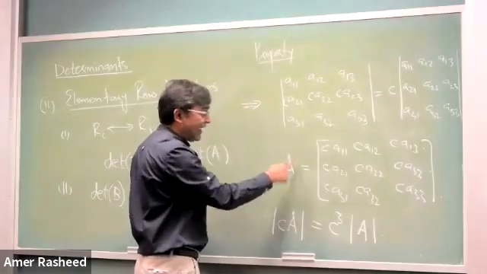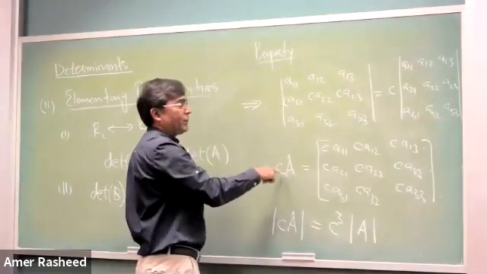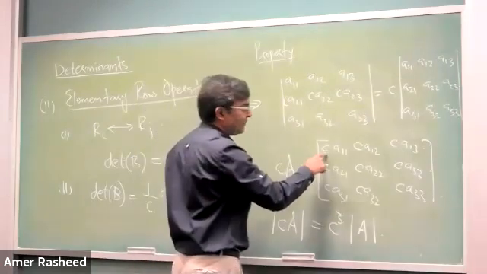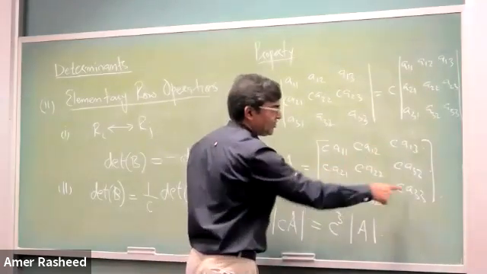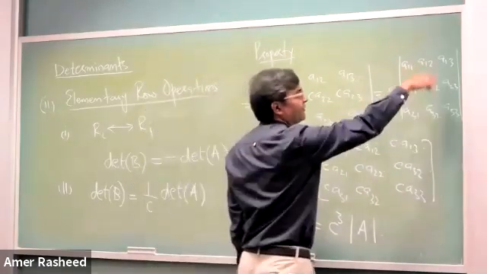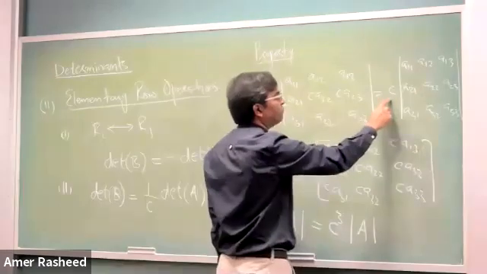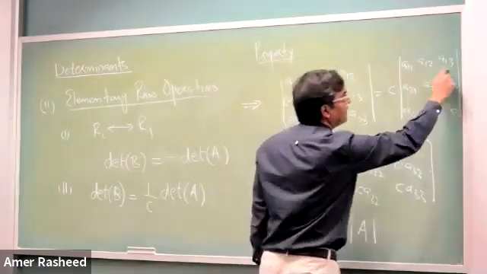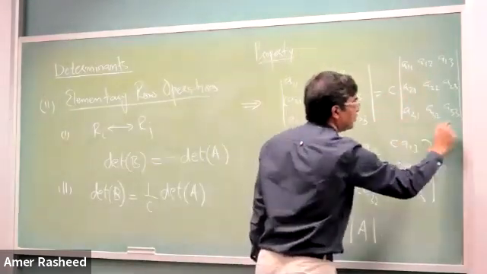C times A is a matrix. Now this is a different operation. C times A means that you are multiplying C with each entry. यहाँ पे C times determinant of this is what? C might be multiplied with only first row or only second row or only third row.